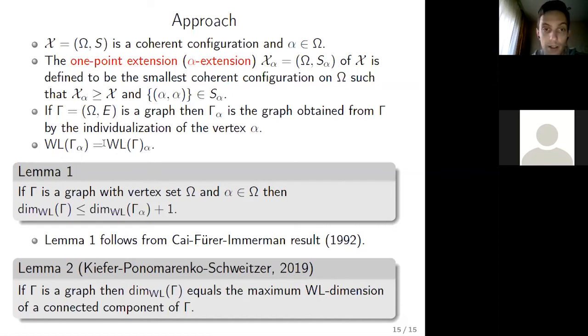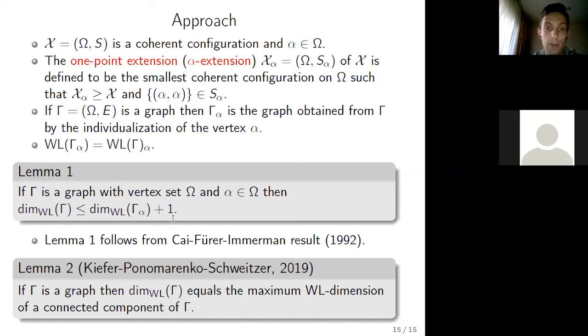So we check that this one-point extension is separable, and hence the Weyl dimension of gamma alpha is at most 2, and we obtain that our Weyl dimension is at most 3. Of course, we can repeat this action, taking another point beta, gamma, etc., and obtain that our Weyl dimension is at most 3, 4, 5, and so on.